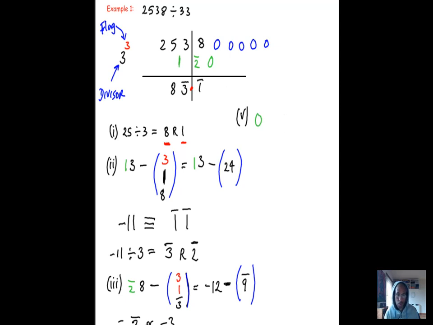Color code it. Might as well carry on. 0, 0 minus, in parentheses, we have what? The red flag. The red 3 that's been flagged up, and minus 1.